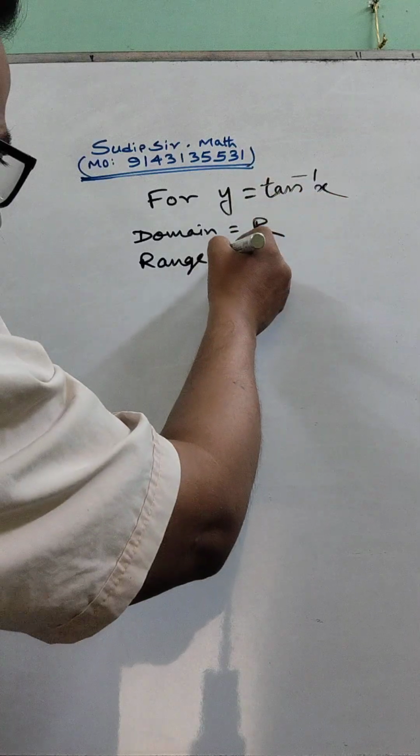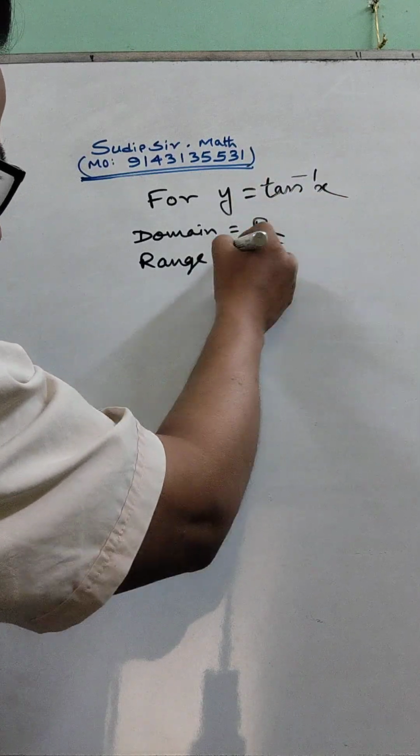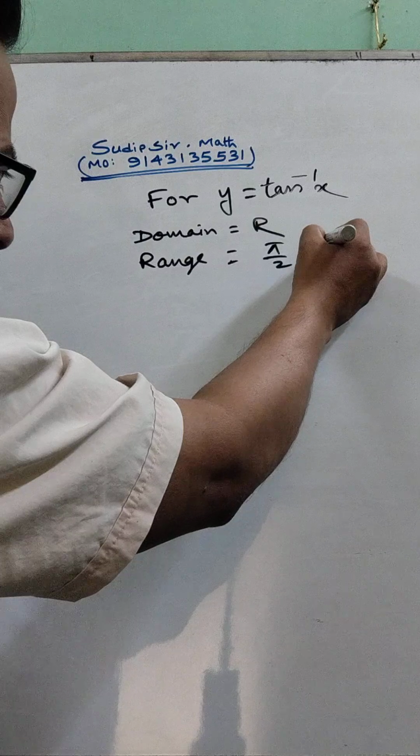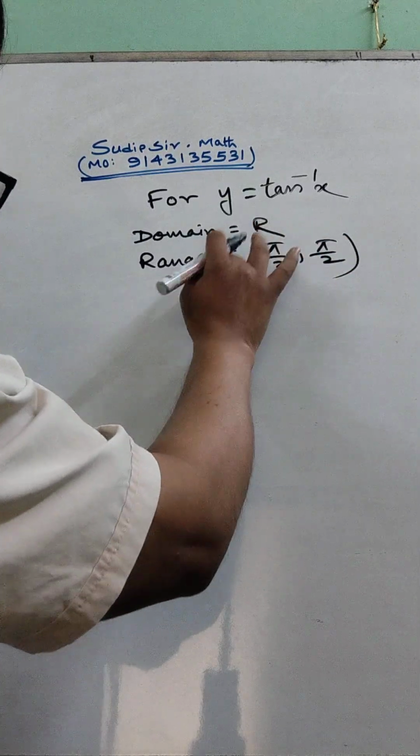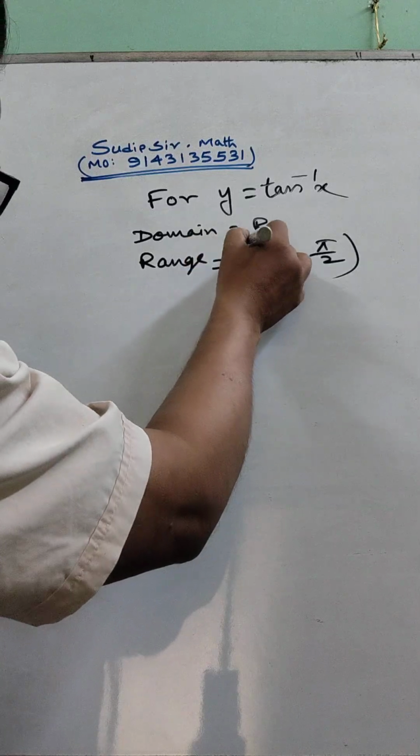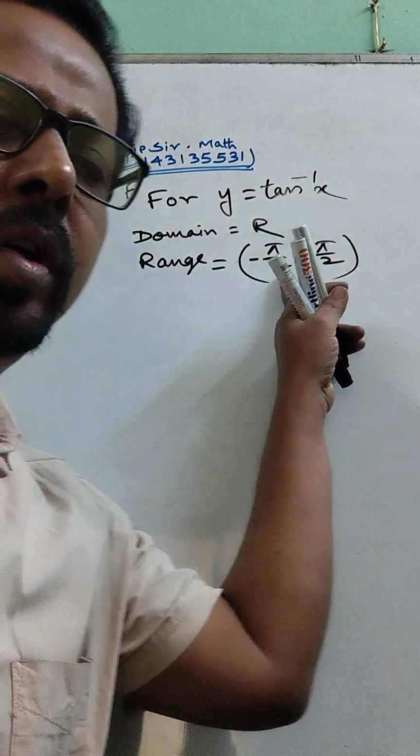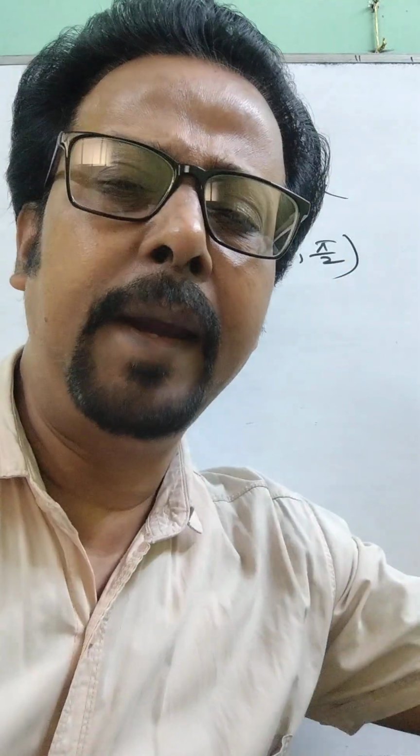The range must lie between minus pi by 2 and pi by 2, open brackets. Open bracket means it does not include pi by 2 or minus pi by 2, because tan pi by 2 is undefined, and so is tan minus pi by 2.